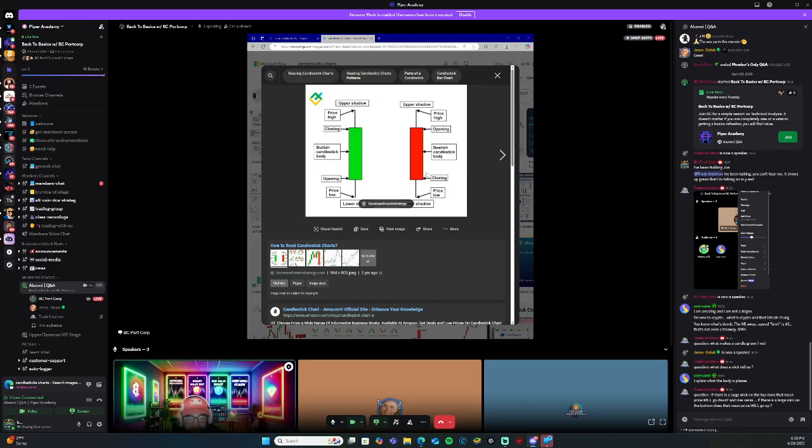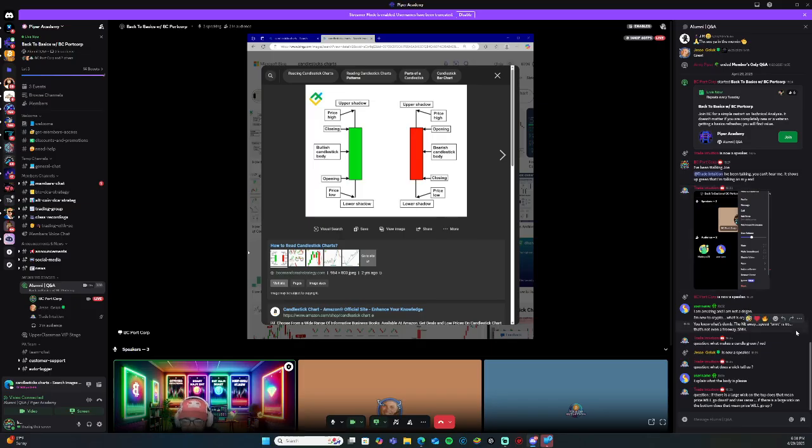I know some people don't go red and green, but I like those red and green colors. It's the same in reverse. The candle body shows you all of the price movement within that set time period. The wick on the top shows you that price high, and the wick on the bottom shows you that price low. All of these show you the price action in that time frame.